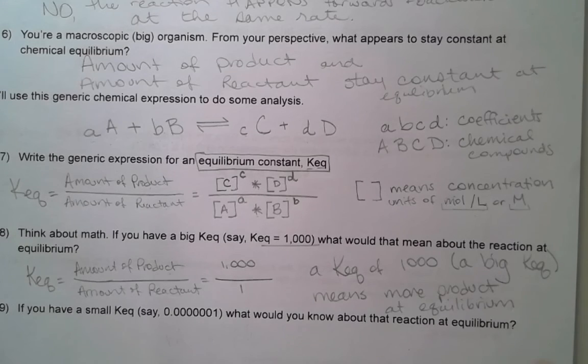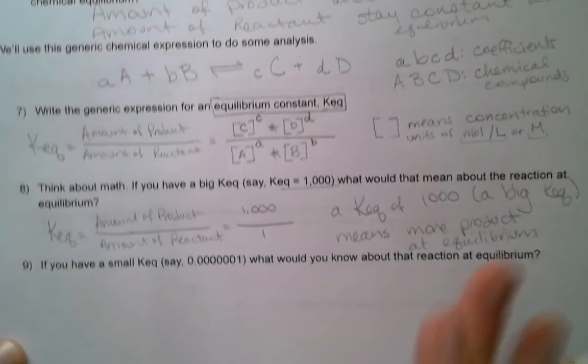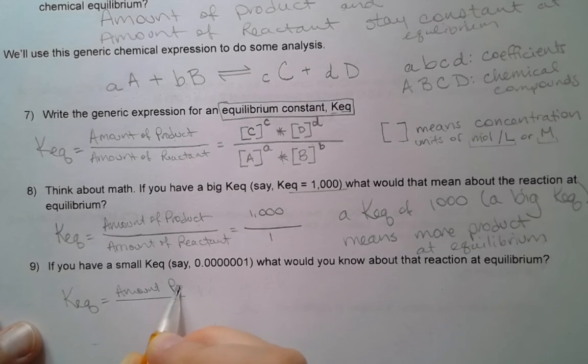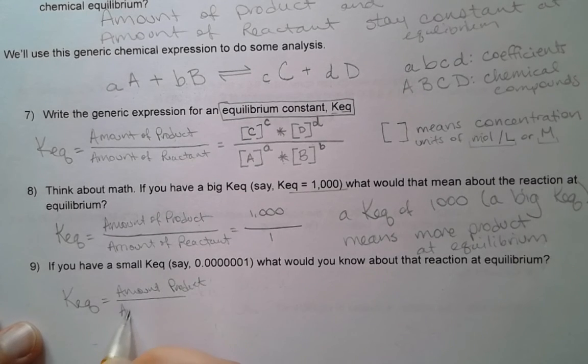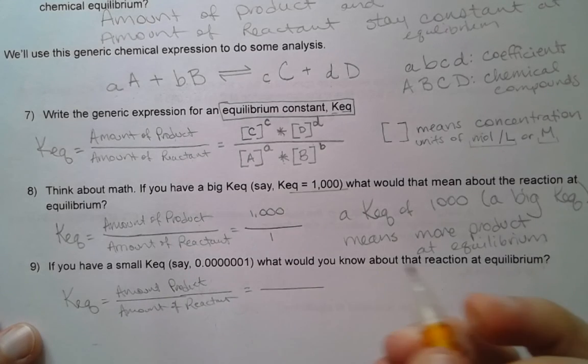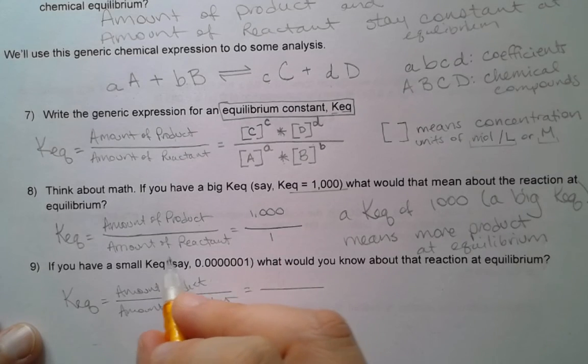Let's take it the other way. What if you've got a KEQ that's really small? So again, this is a ratio of amount of product over amount of reactant. And in this case, you've got a tiny, little tiny KEQ.